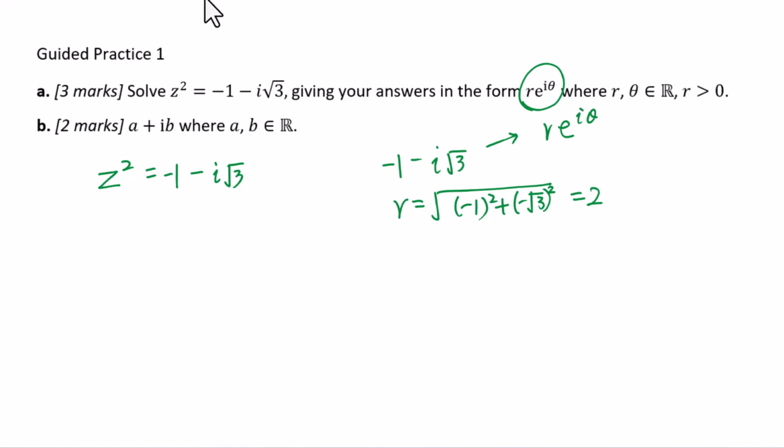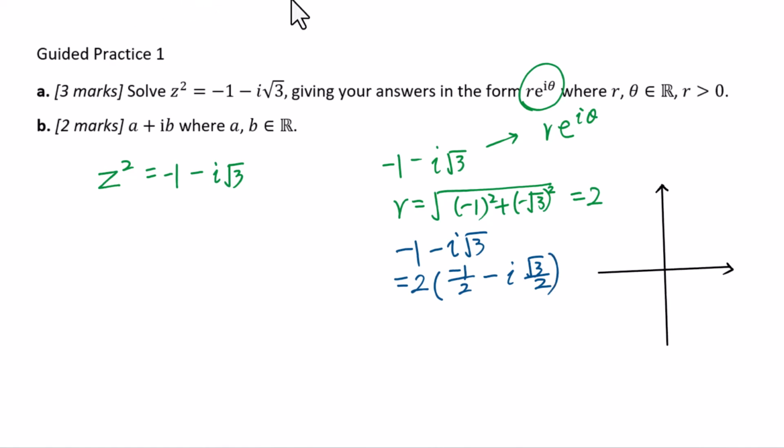So, -1 minus i square root of 3 equals, take a 2 out, 2 times (-1 over 2 minus i square root of 3 over 2). Let's go to Argand diagram. In your mind, always remember two special triangles.